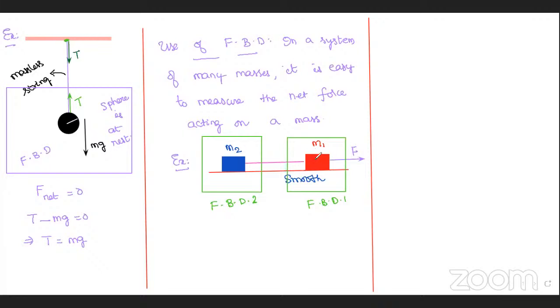Okay, now check here, when I pull this mass towards right, in what direction the tension in the string at the first mass will be developed? Either it is towards right or left. Quickly respond. Right or left, the tension in the string.